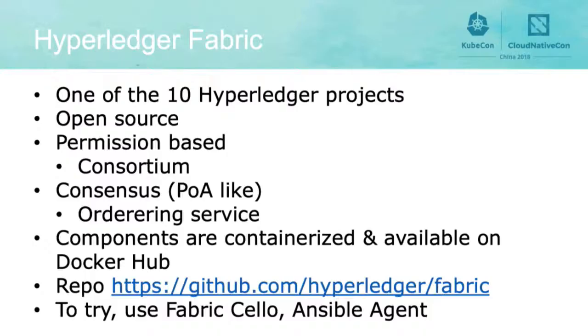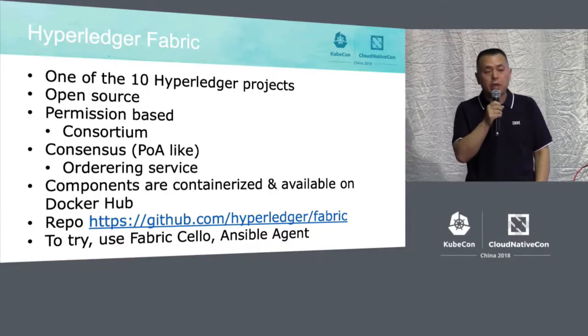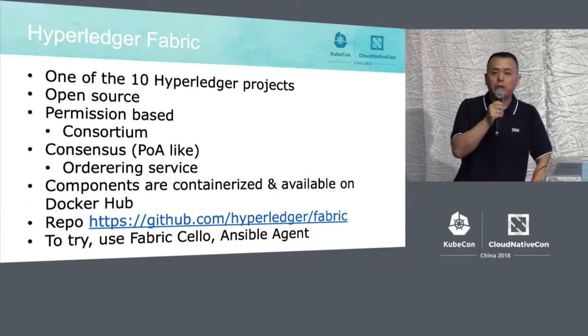So Hyperledger Fabric. I think in early 2015, IBM and other companies started to develop this product. They knew that not all businesses can put their transactions on the public ledger, right?